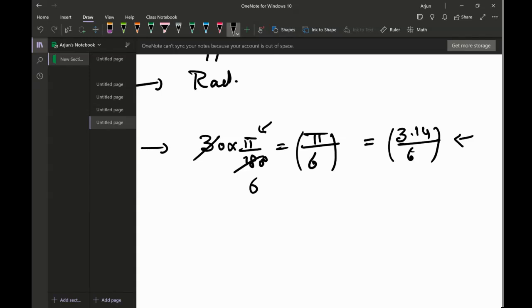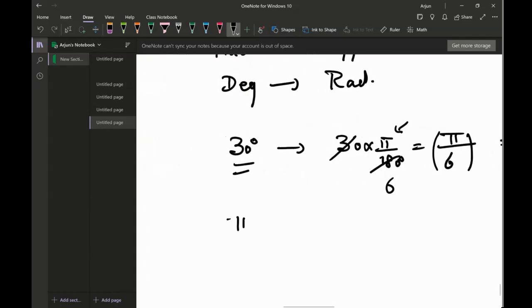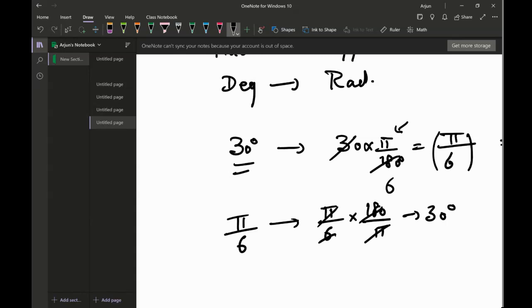Whatever number you get, you can write it like that also. If I were given pi over 6 and converted it into degrees, pi over 6 multiplied by 180 over pi. Pi cancels out and this gives you 30 degrees. That's how you convert degrees into radians and radians into degrees.